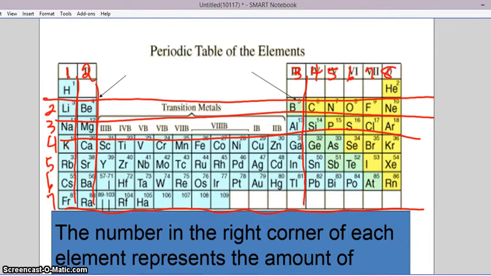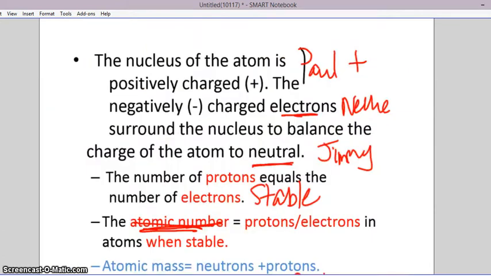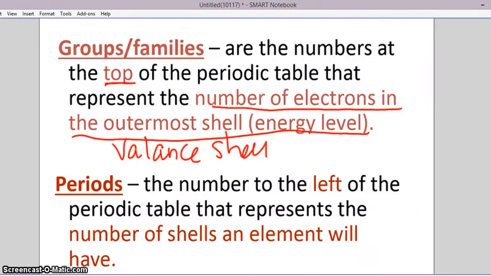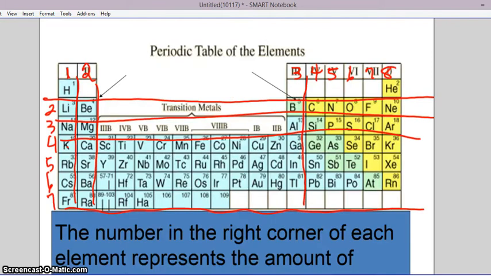The next thing we have here is called the periods. The periods are the numbers on the left of the periodic table that represent the number of shells that an element will have. So over here on the left hand side, those are called periods.